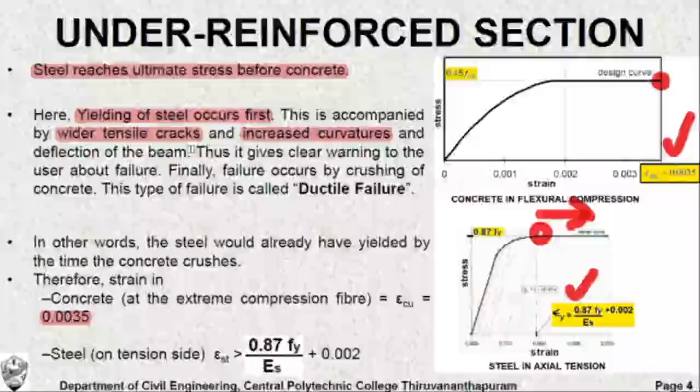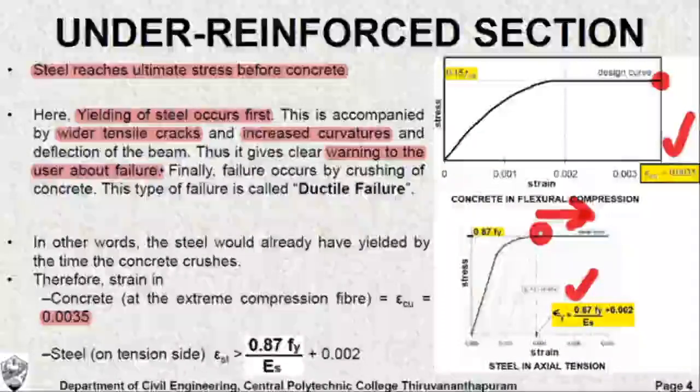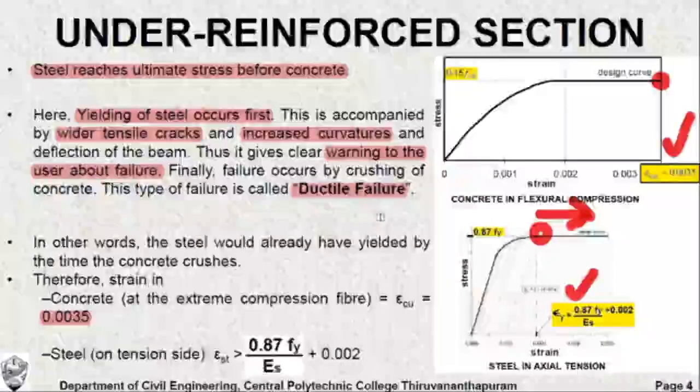So the user of the beam actually sees and perceives large deflections in the structure, which will give adequate warning to the user about the failure. Hence, this is the most preferred concrete section. We call such type of failures ductile failures.